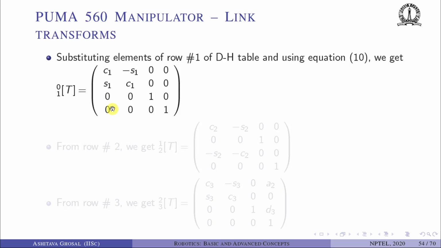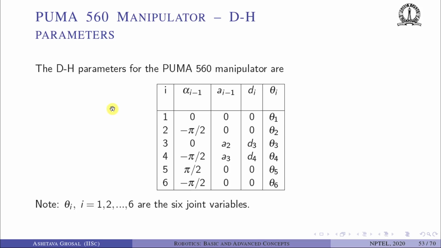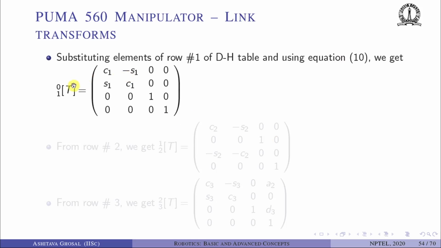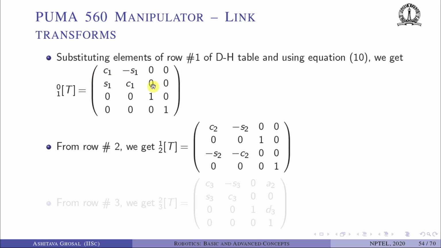So once we have this DH table, we can easily get all the link transformation matrices. If you substitute 0, 0, 0, theta 1 in the first row of the transformation matrix, you will get this 0, 1, T. For row number 2, we can get 1, 2, and we will get this transformation matrix.